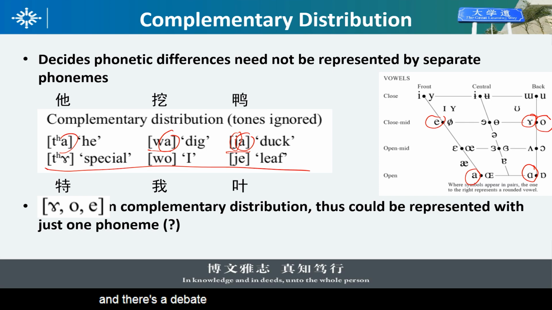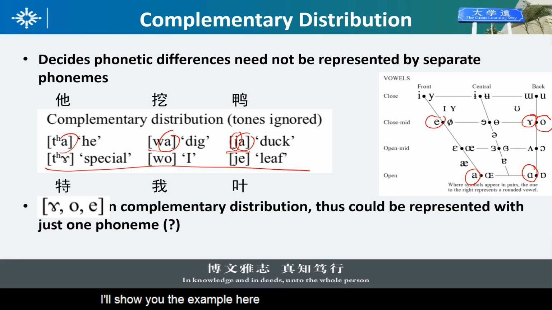And there's a debate, obviously, because some Chinese speakers do not think o and e are the same. They're actually not the same from the perspective of phonetics, and even from the perspective of phonemics, they are not the same.